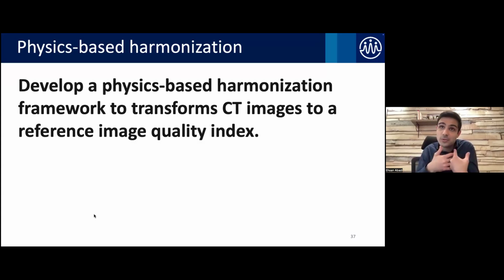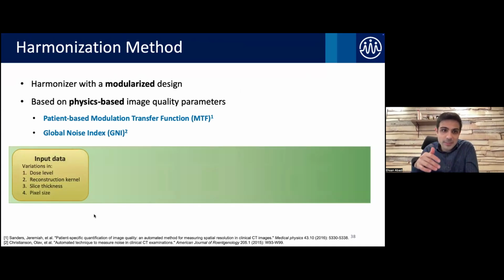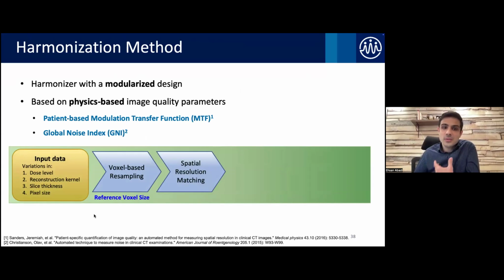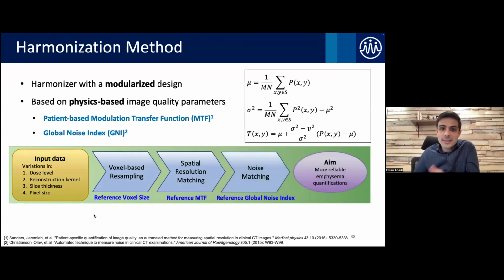At that level, those quantifications should be more comparable. I'm not going to go into the details of the method, but essentially we do some voxel resampling, some spatial resolution matching, and some noise matching, and with this we are able to get more accurate, more consistent and harmonized measurements across different imaging conditions.